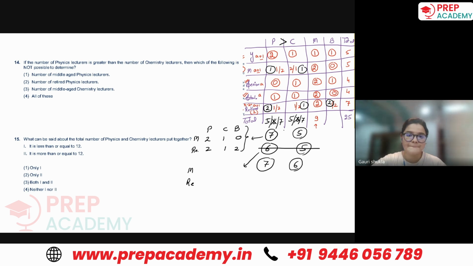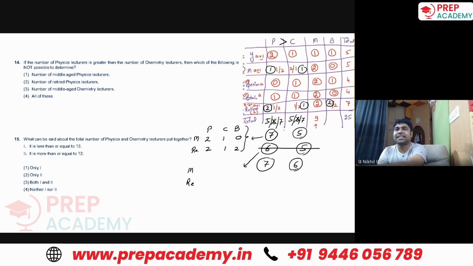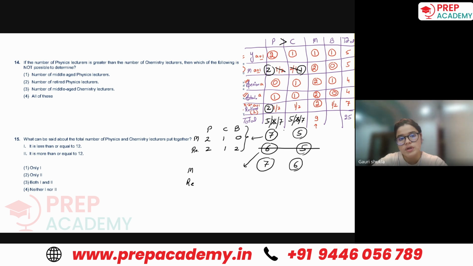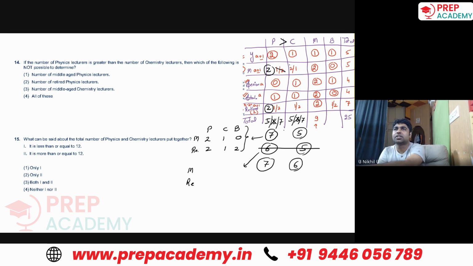Okay. Now, talking about the last case, it being 7 and 6. 7 automatically means this would be 2 and 2 for physics. This would be 2 and this would be 2 and this is gone. If this is 2, this has to be 1. So 1, 2, 3, 4.